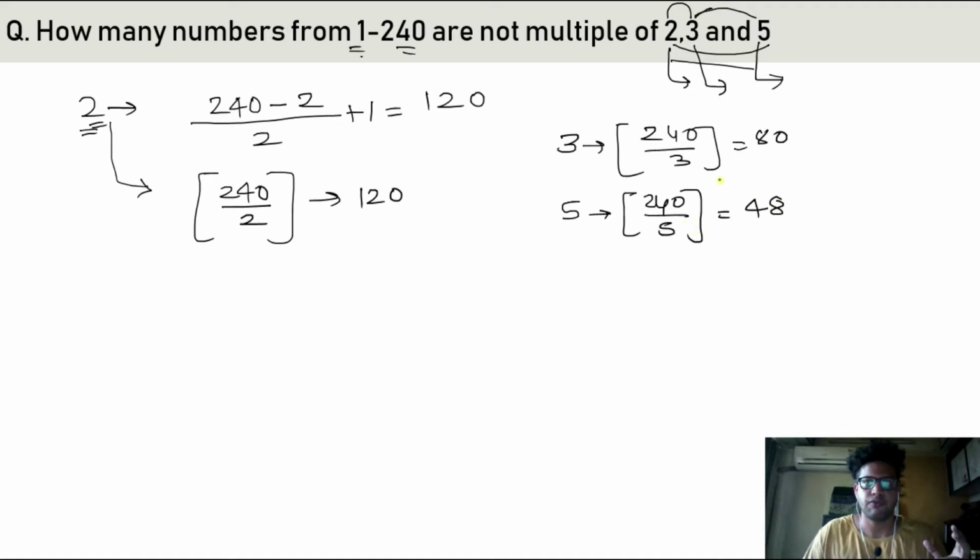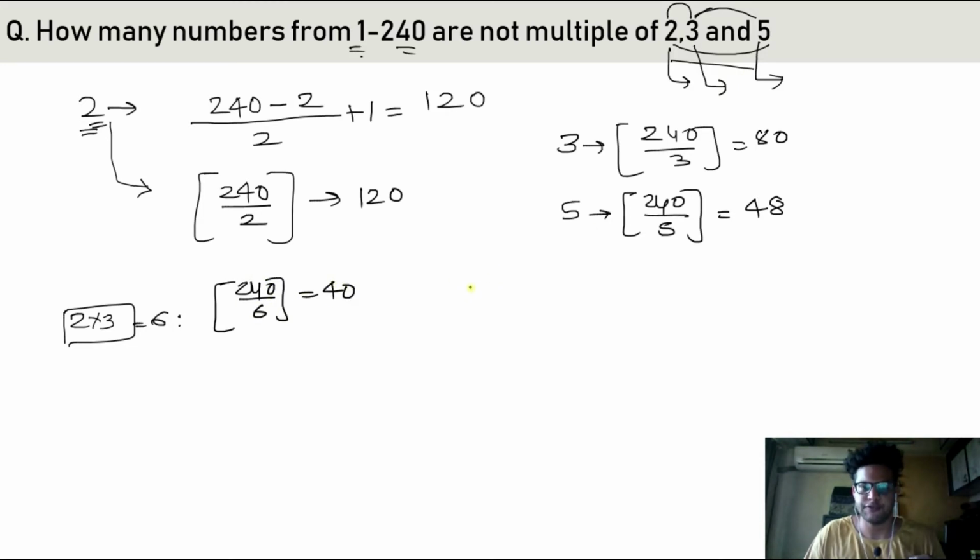Next we need to consider all the possibilities as well, that is 2 and 3, 2 into 3, so we need to find the multiples of 6 as well. The multiples of 6 would be 240 divided by 6, so the quotient would be 40. Then multiples of 3 and 5, that is 3 into 5, 15.